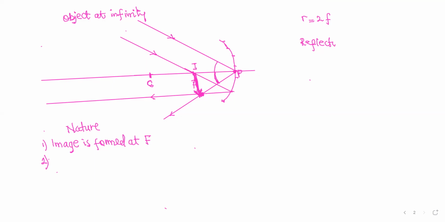Yes, David. Image is formed at F. What are the other characteristics? Is the image real, virtual? Share your views.